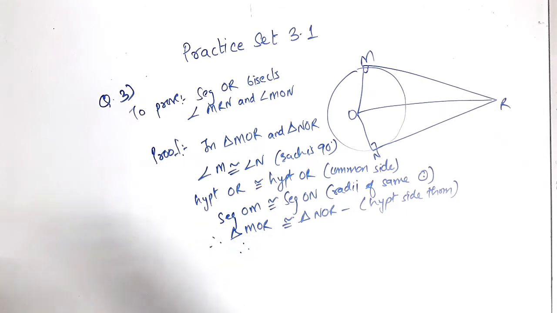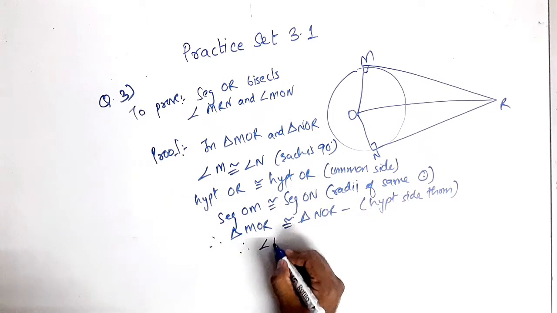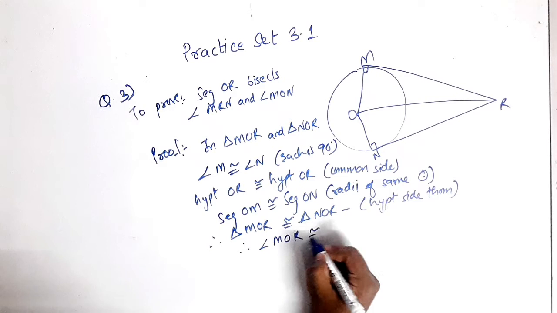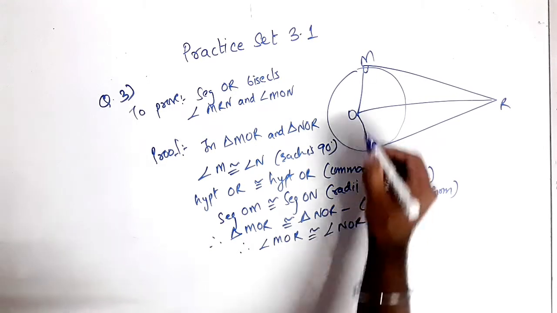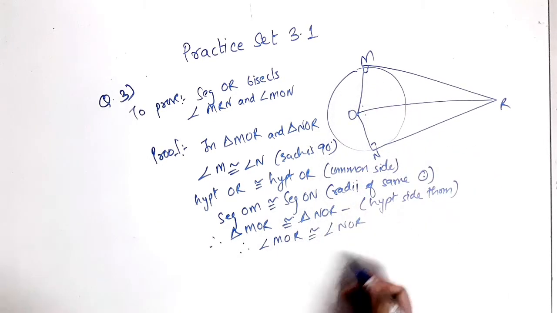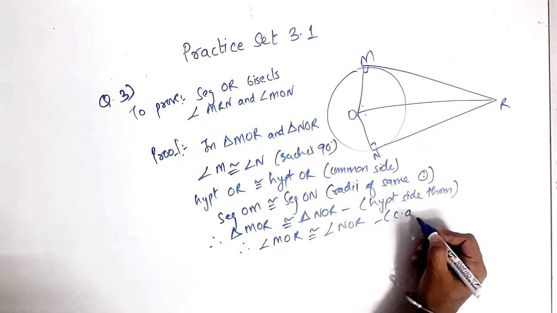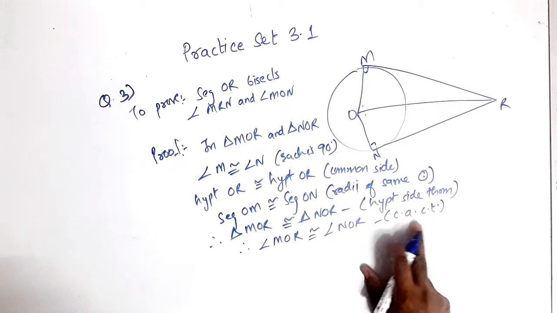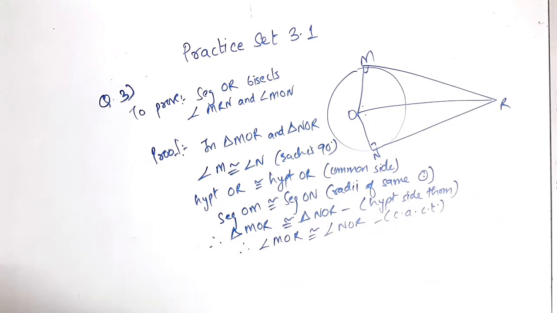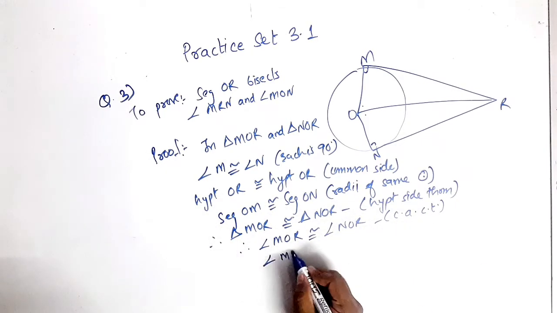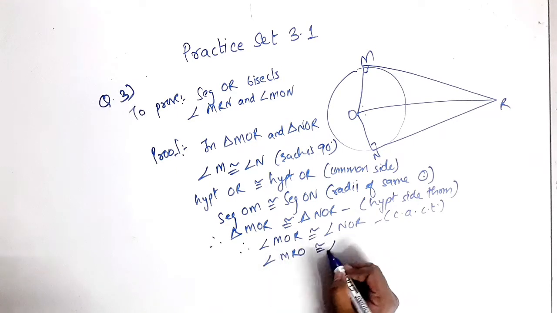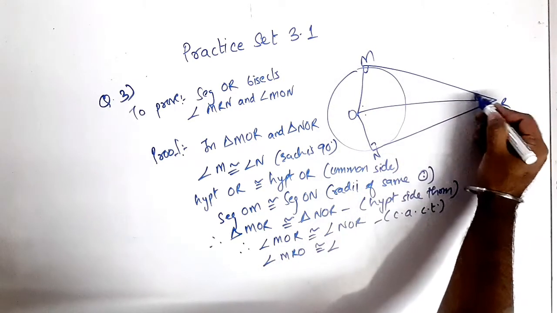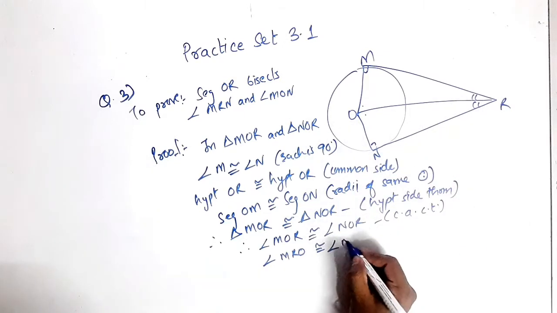Therefore, I can write angle MOR is congruent to angle NOR. These two angles are congruent. What is the reason? CACT, corresponding angles of congruent triangles. And angle MRO is congruent to angle NRO.